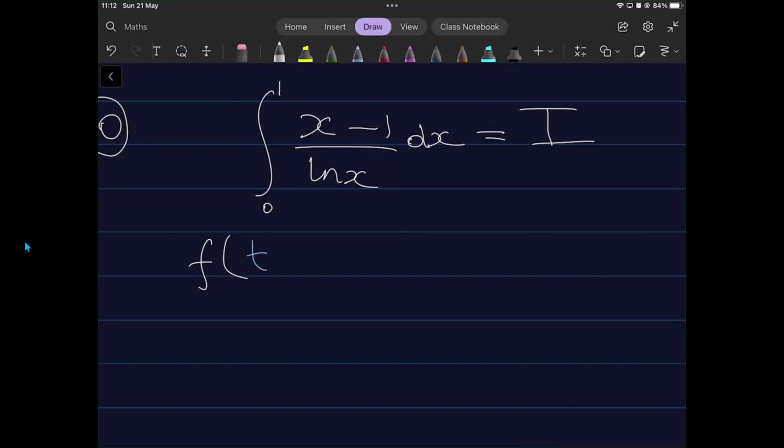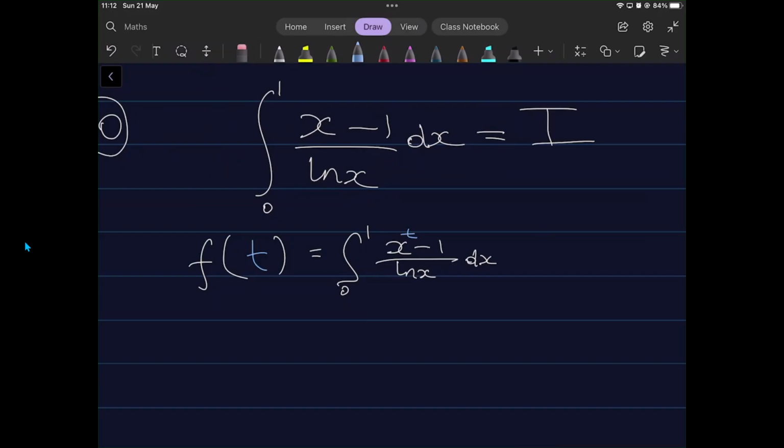Why not? F of t is equal to the integral from 0 to 1 of our integrand. I'm going to copy this integrand into there, but change it up a little to include t. So let's do this. x minus 1 over ln x dx. Let's put a t as a power of x like that.